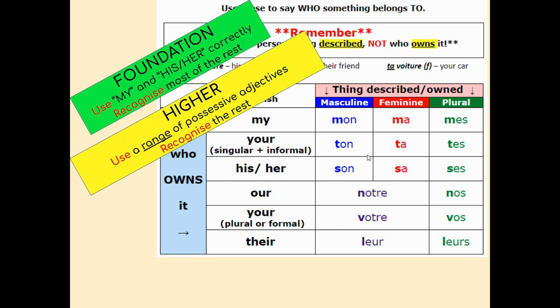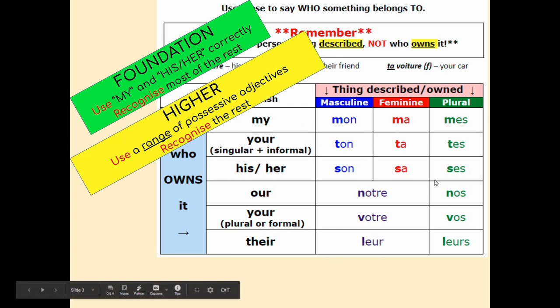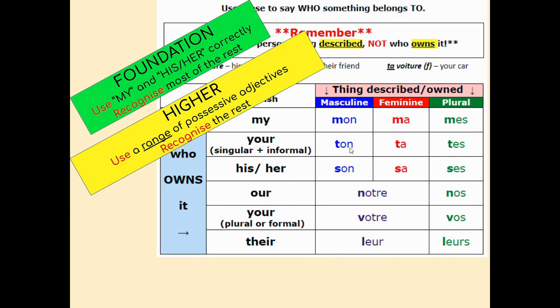It may mean that you don't use every single one of them, and it may mean that you prepare a little bit more for the ones you'll be using in writing or in speaking. But you want to show that you're able to use more than just my, his and her, and you should be able to recognize the rest. So you recognize what they mean and you are not confused by them if they come up in a text, for example.